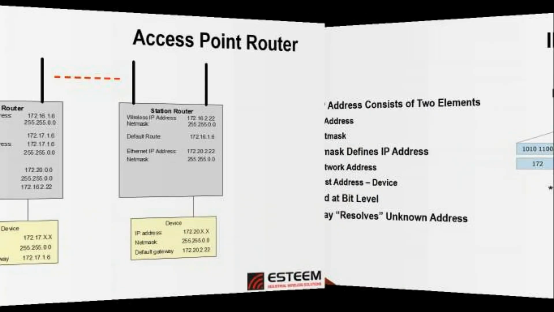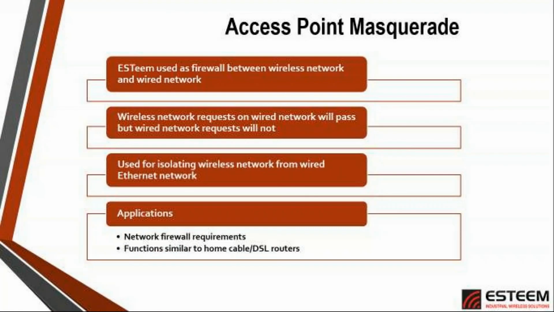So with access point masquerade mode, the radio functions just like an access point for the mobile clients. The configuration is absolutely identical to the access point router. It's going to ask us again for those two sides of the subnet. It's just the application that is different.